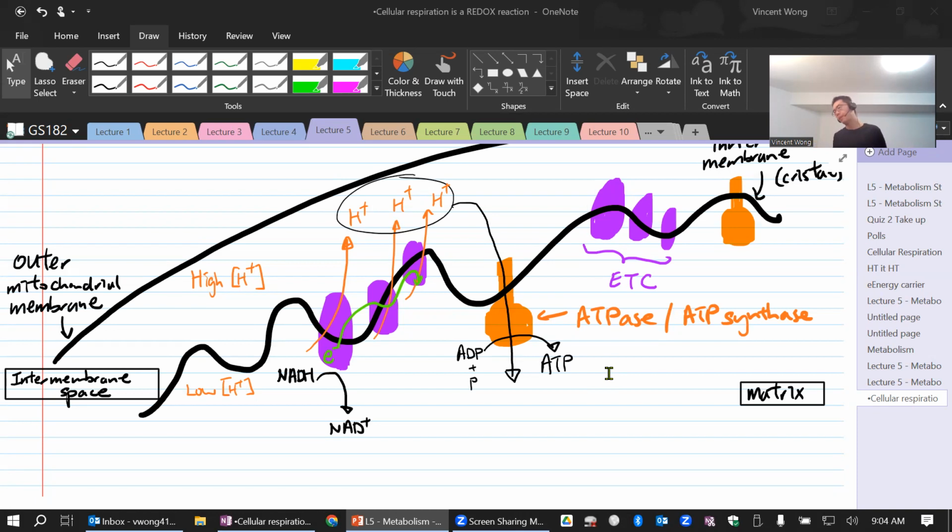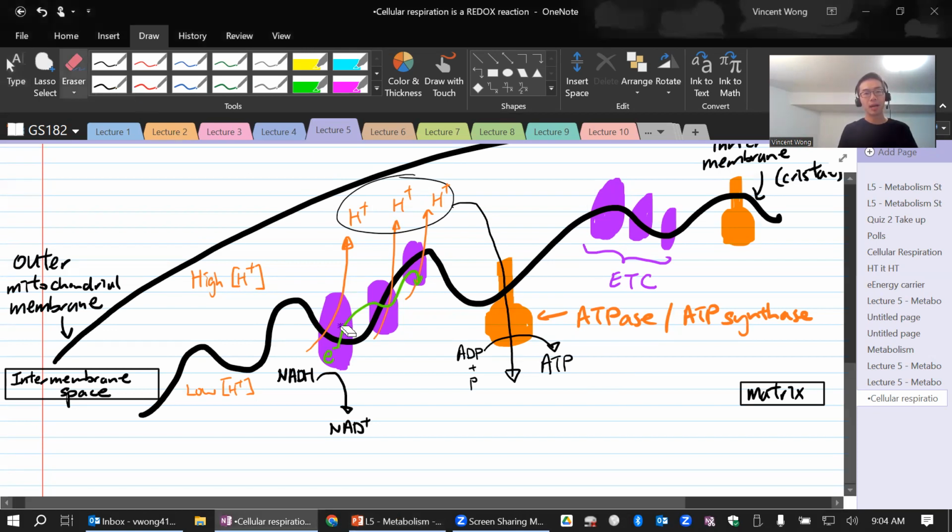Now, what's missing in my picture? Anybody know what's missing in my picture here? That's right, we're missing the FAD. So FAD, because it contains less energy, instead of hopping on at the highest level, at the first protein in the ETC, the FADH2 is going to hop on here in the second one.